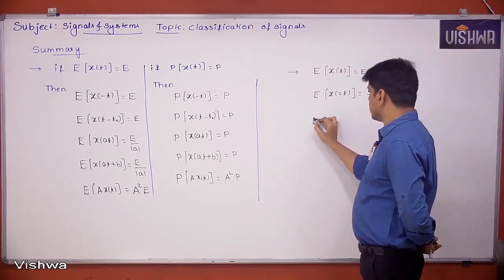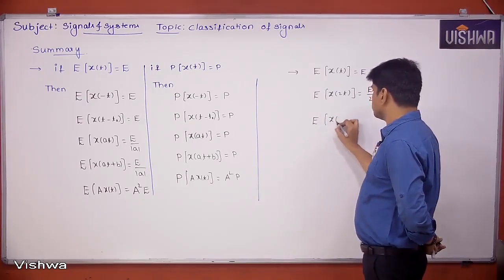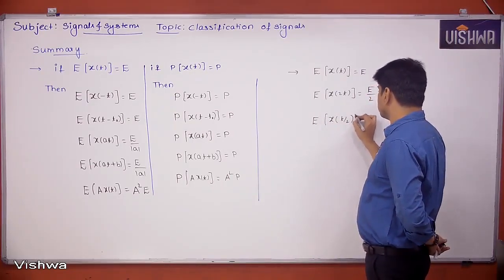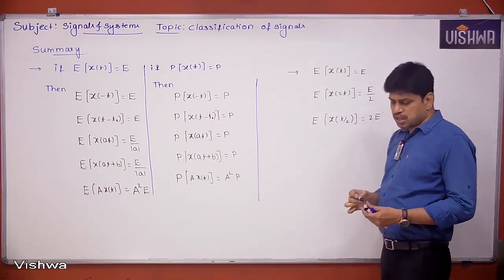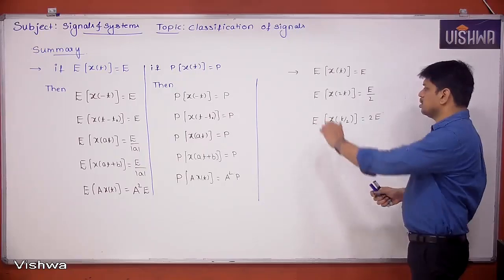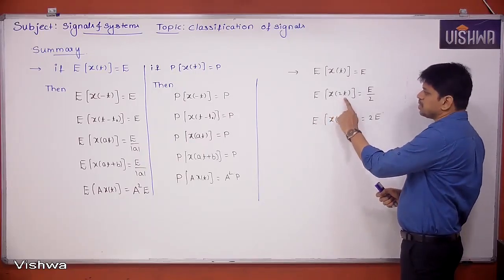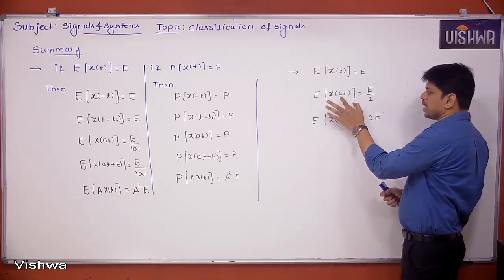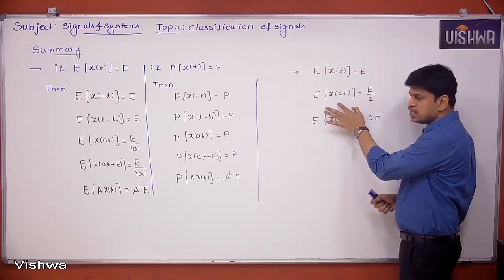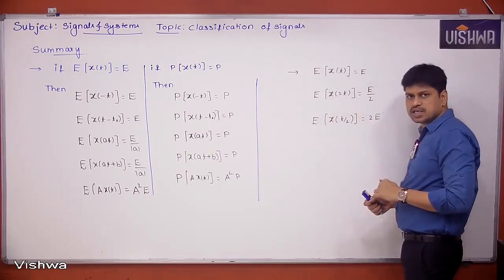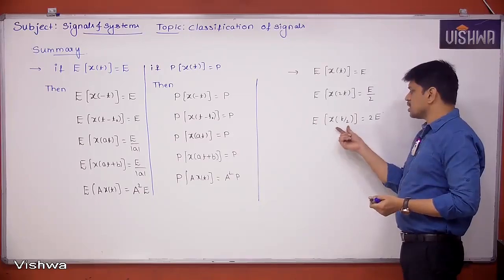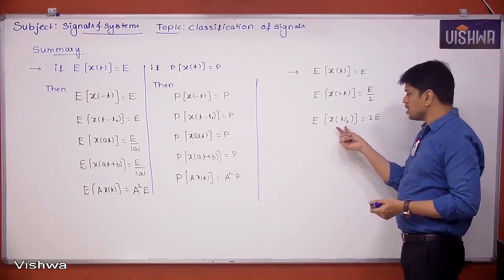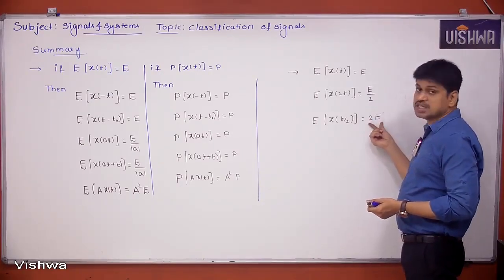Next, energy of x of t by 2, which is 2E. Now, observe carefully. X of 2t is nothing but time compression. If time compression is there, definitely that will reduce the energy of the signal. Next, coming to this one, x of t by 2. It is nothing but time expansion of the signal. What is it doing with the energy? It is actually increasing the energy.